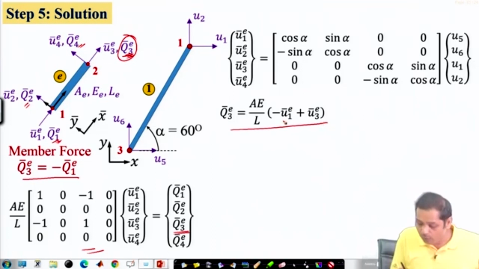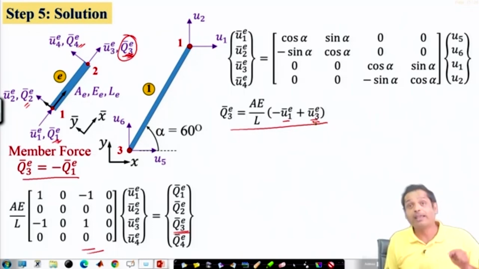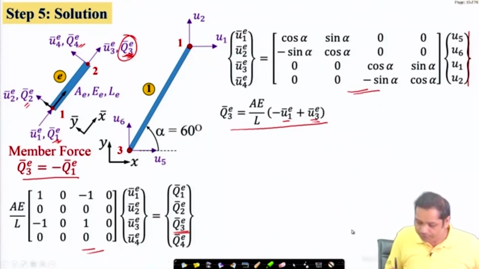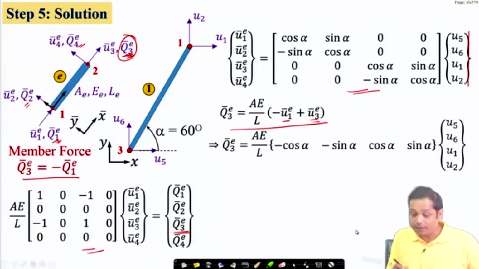U1 bar and U3 bar are the displacements with respect to the local coordinate system, but these can now be determined through this transformation, because we know the displacements with respect to the global coordinate system. So if we substitute Q1 bar and Q3 bar from this transformation equation, we have this.